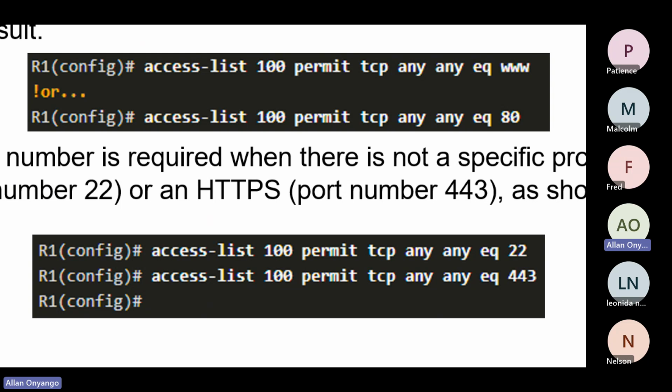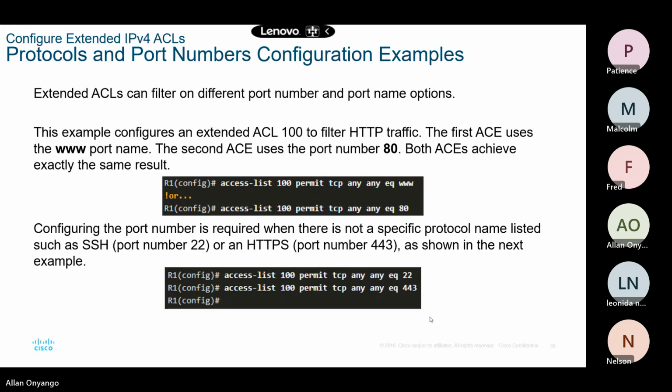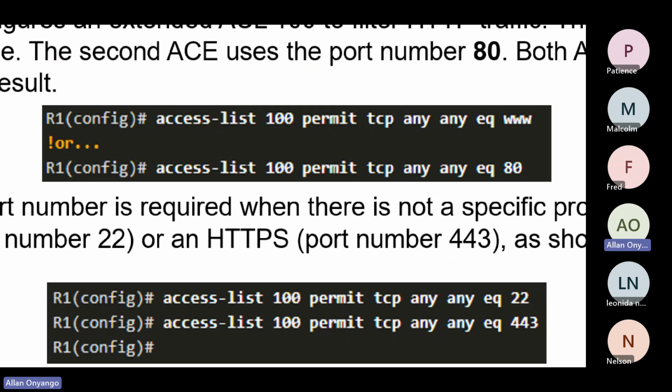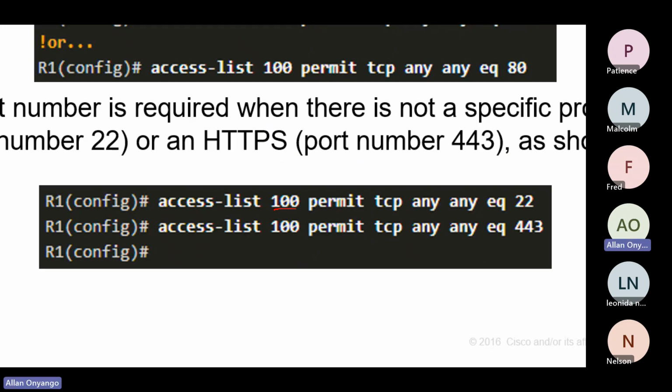We now want to filter traffic based on SSH traffic and HTTPS traffic. For that, we'll say access-list 100 permit TCP traffic from any source to any destination equal to 22. We could use 22 here, which means SSH. Access-list 100 permit TCP from any source to any destination, and the specific TCP traffic should be 443, which means HTTPS.